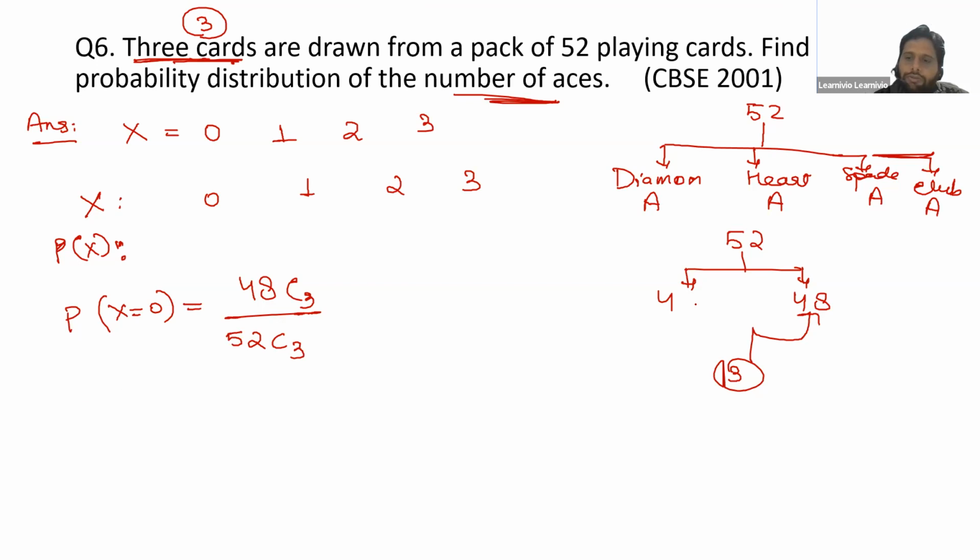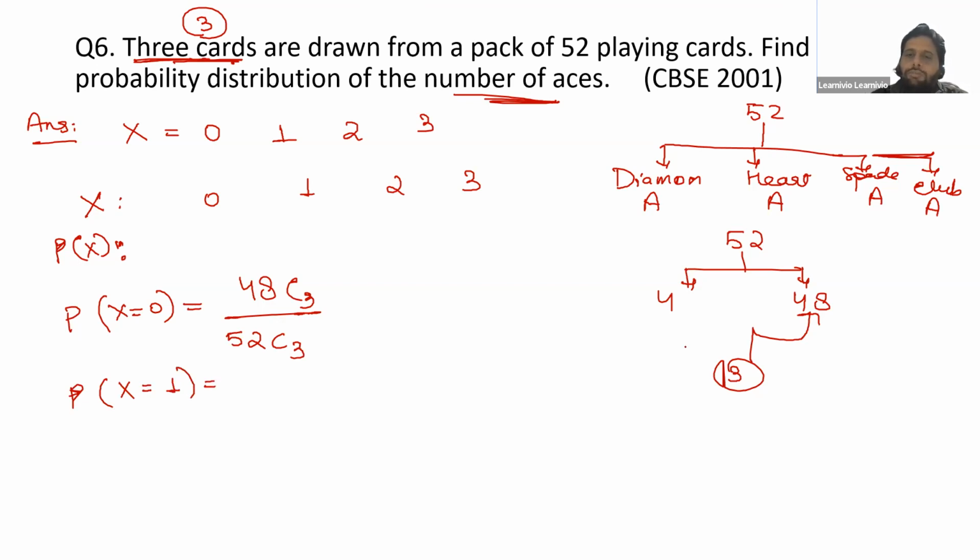Okay. So we have four ace cards, so X only goes from 0 to 3. How many cards are you drawing, Umair? Umair, how many cards are you drawing in this case? 3.